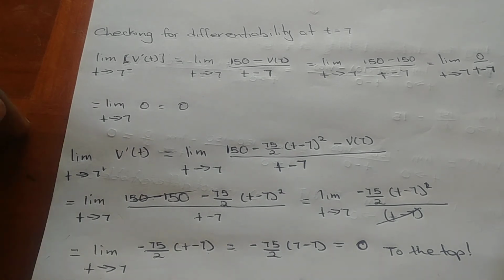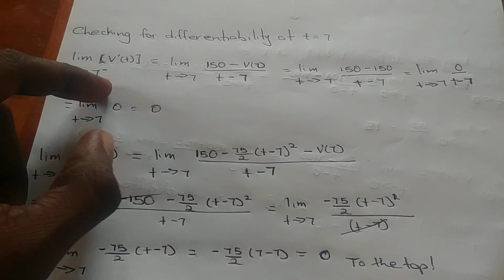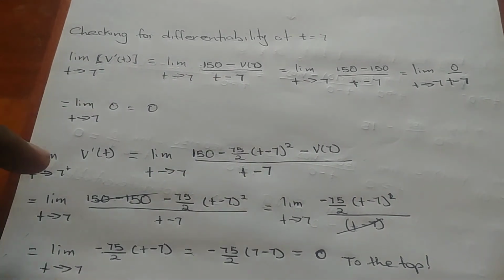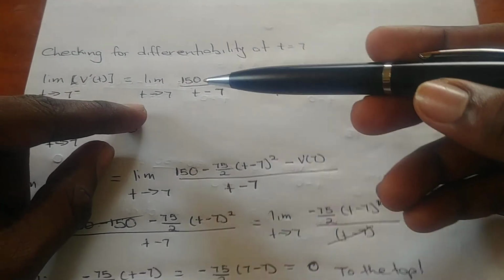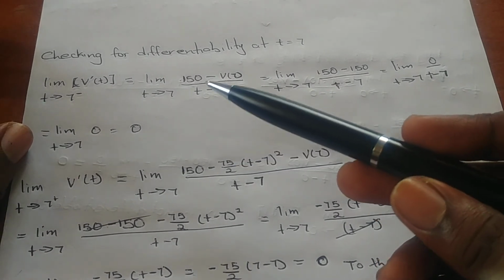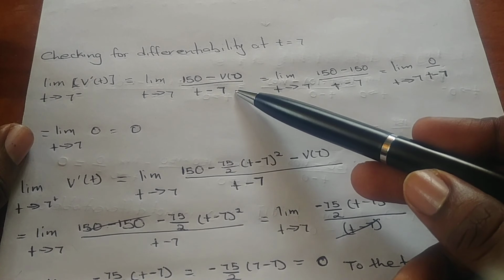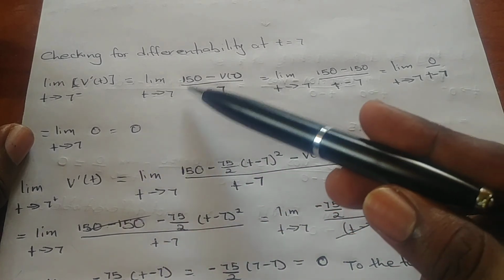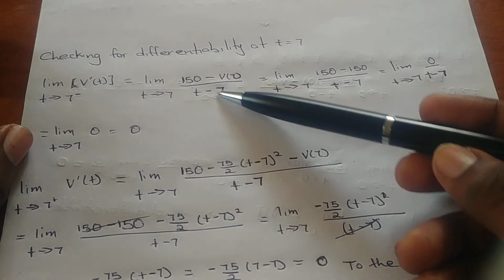Now to check for differentiability at t equals 7, same process. We look at what happens to the gradient when you come from the left, and what happens to the gradient when you come from the right. So when you come in from the left, that is equal to the limit of 150 minus v of 7 over t minus 7 as t approaches 7, right? y2 minus y1 over x2 minus x1.